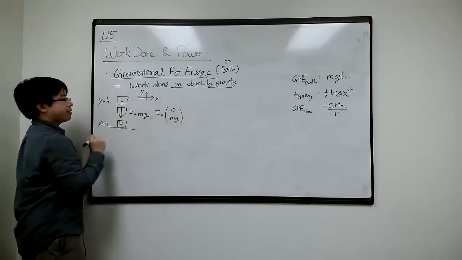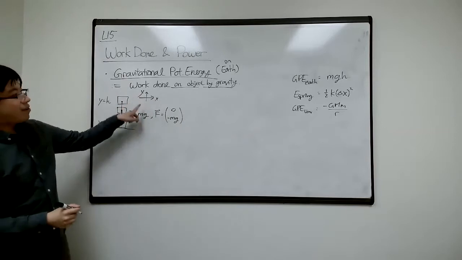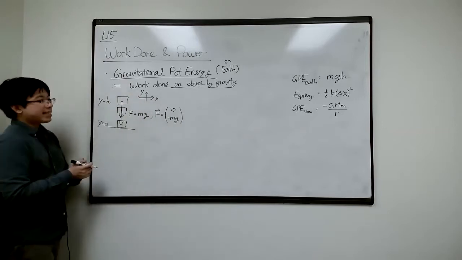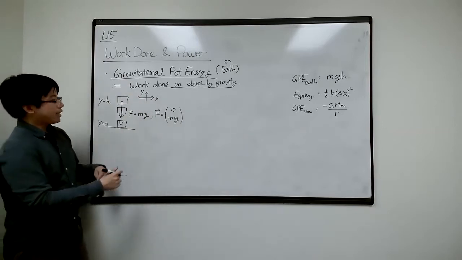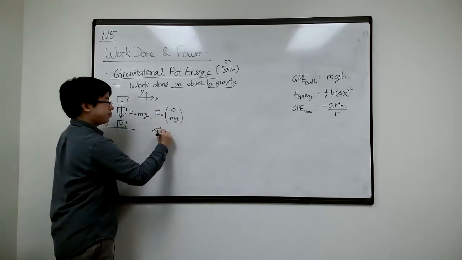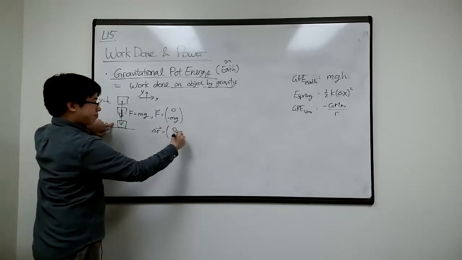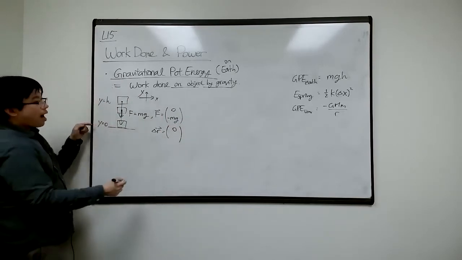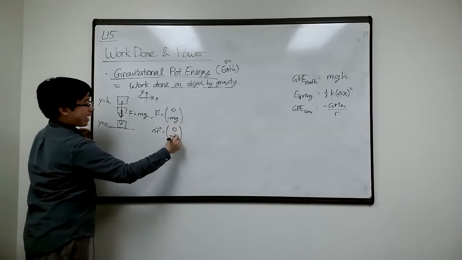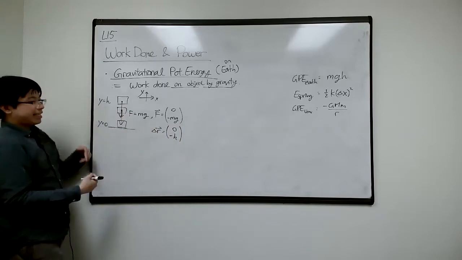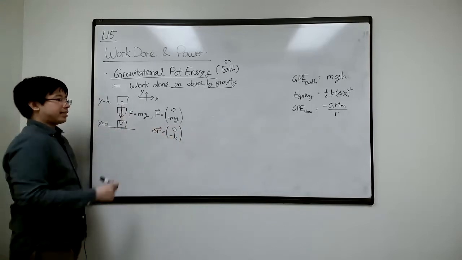If you draw a free body diagram, it's pointing downwards. So if I define y that way, I'd better put a minus sign. And what is my displacement? It goes from here to here, so nothing in the x direction, but y is minus h. It's going final minus initial.